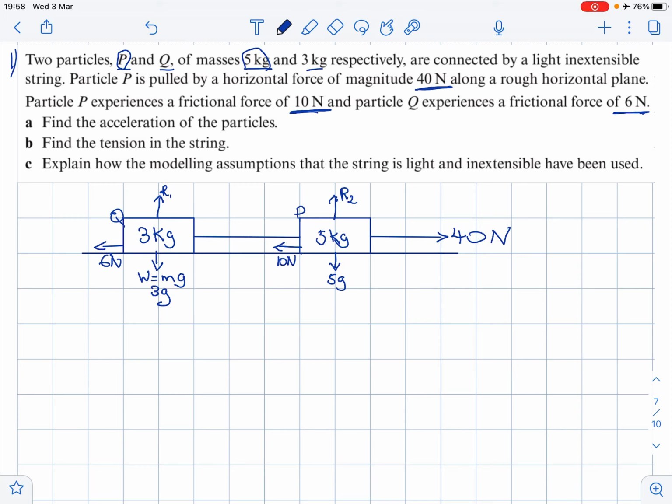Since it's connected by the string, we have tension. Imagine in the middle, because it's connected by a string, the second particle is pulling it back, and the front one is pulling this particle forward, and we call this the tension.